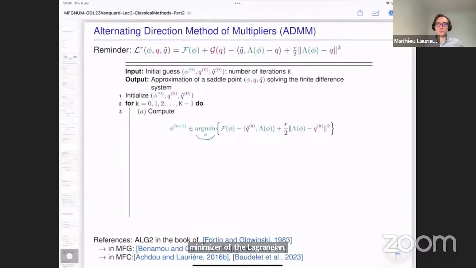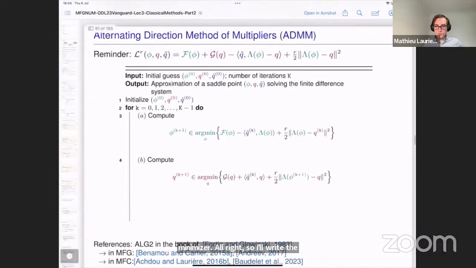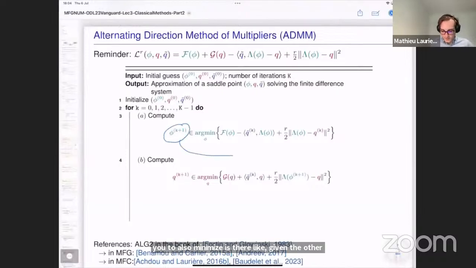All right, so I write the minimization problem and I try to solve it. For now, I write it in an abstract way. Then for q, I want q to also minimize the Lagrangian given the other variables. So you see that here I take phi that I just computed and I plug it here, while for phi, I have plugged q tilde and q at the previous iteration.